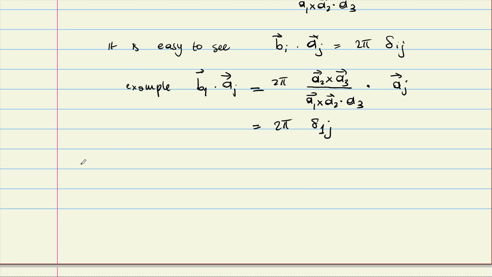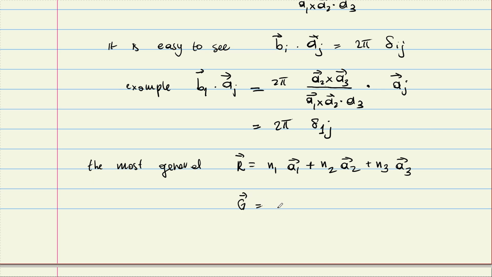Now the most general R was N1 A1 plus N2 A2 plus N3 A3, and we can write exactly a similar expression for a reciprocal lattice vector.